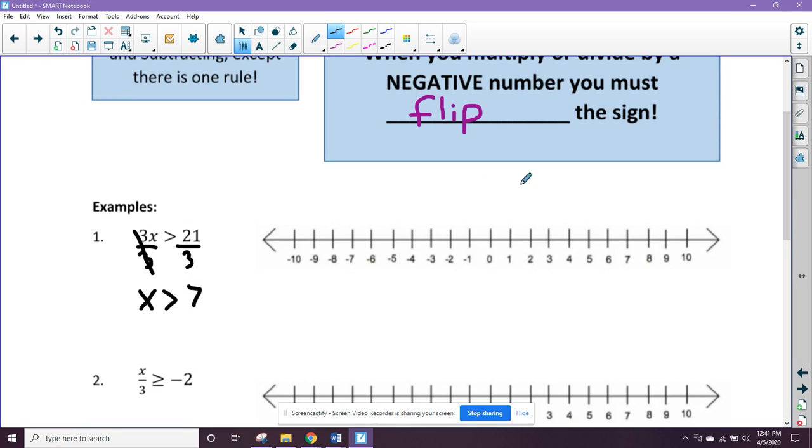So we go over to 7. Is it going to be an open or closed circle? That's 7, so it's an open circle. Are we graphing it to the right or to the left? It's pointing to the right, so our arrow goes to the right.